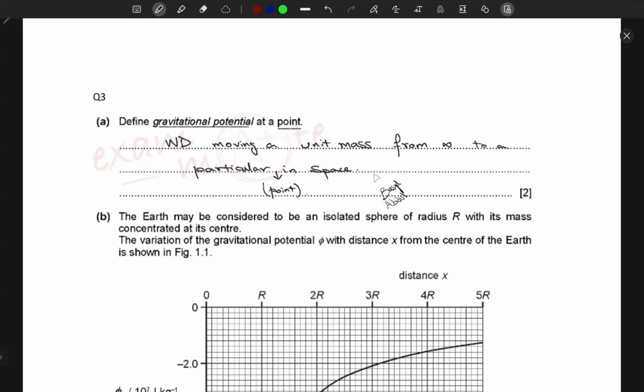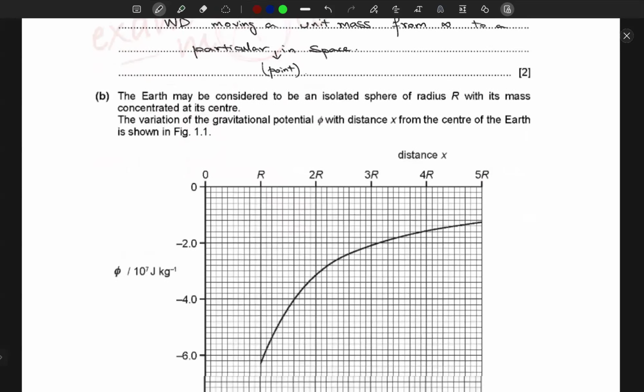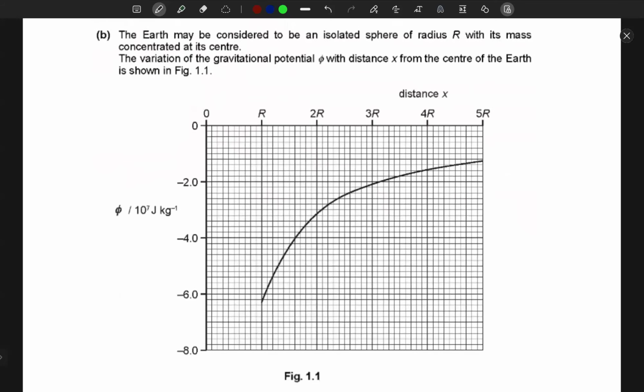You can assign this a specific gravitational field potential at a point in space. Okay, all right. So that was just the definition. Then you have: the Earth may be considered to be an isolated sphere of radius r with its mass concentrated at its center.